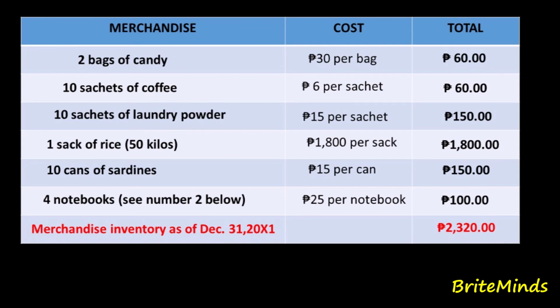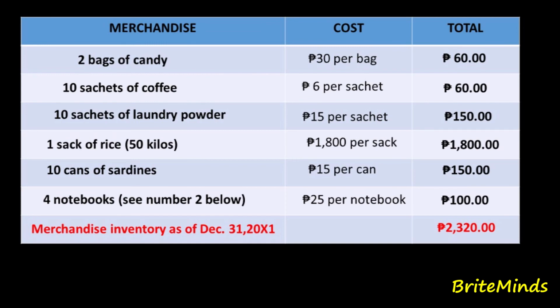And then the 4 notebooks, because the 1 notebook was used by the store as a customer's list, so only 4 notebooks left. Then the cost of that notebook is 25 pesos per notebook, so the total cost is 100 pesos.